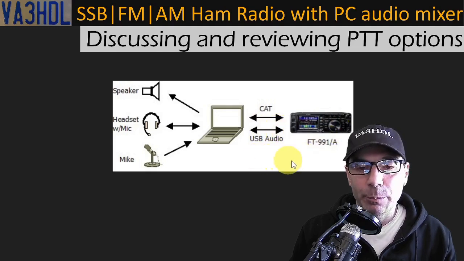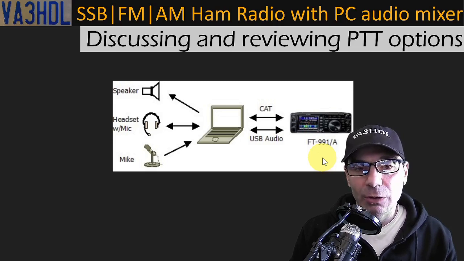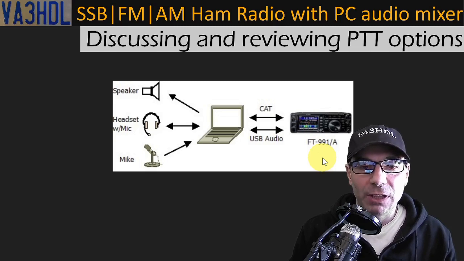And in this case, we know that we don't need to have a radio with a USB port to do that. I showed you earlier. We're going to do a test with a VHF UHF handy-talkie, and you will see how that works without any internal USB audio on the radio.